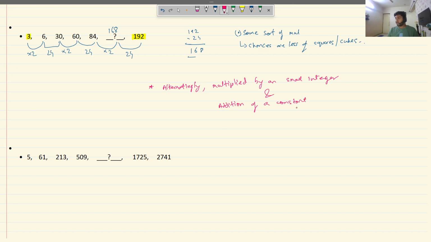In this case the constant was 24, and the small integer with which it is multiplying was 2. Needless to say, they can change. The integer by which it is getting multiplied can be 3, 4, 5, anything, and the constant term that is being added can be 24, 25, any constant term. So that is my logic.